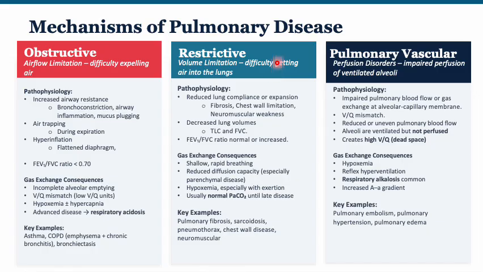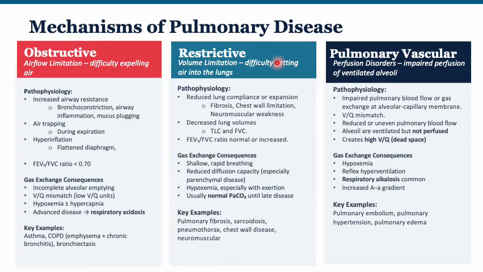Next, with the restrictive pathophysiology, there is reduced lung compliance, or expansion. Can be seen in diseases like fibrosis, chest wall limitations, or some neuromuscular weakness. If you look on PFTs, there is a decreased lung volume in the total lung capacity.